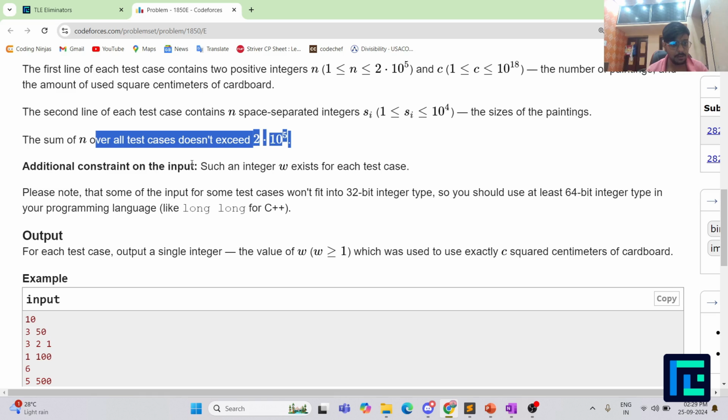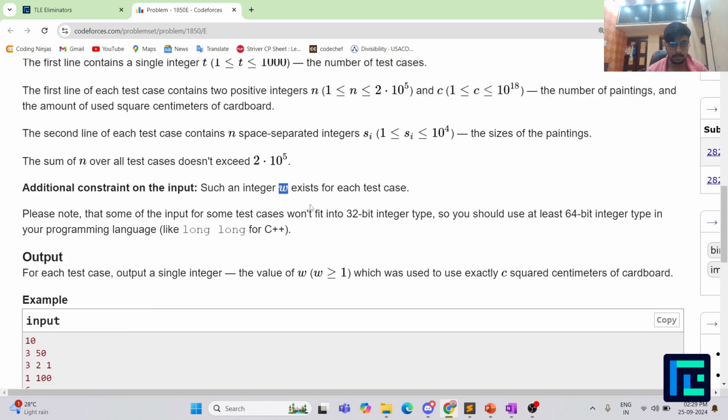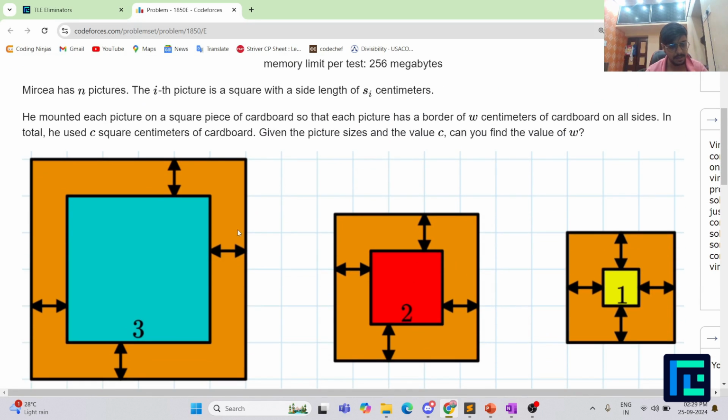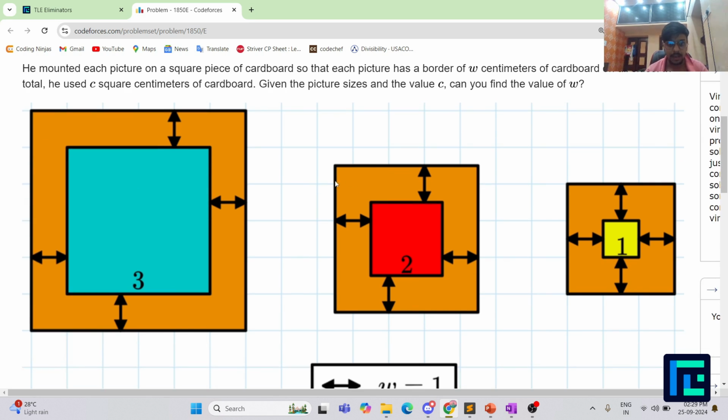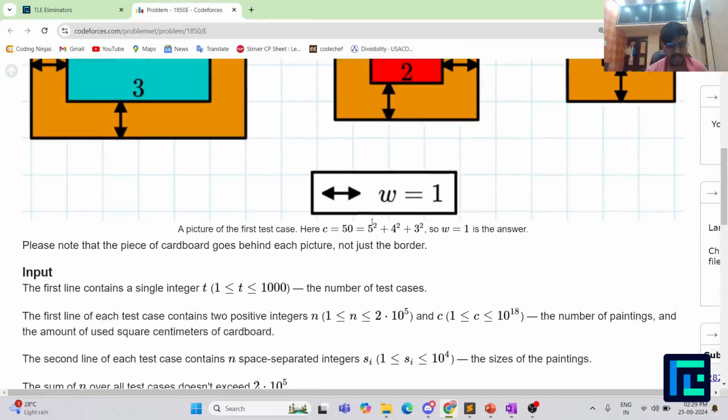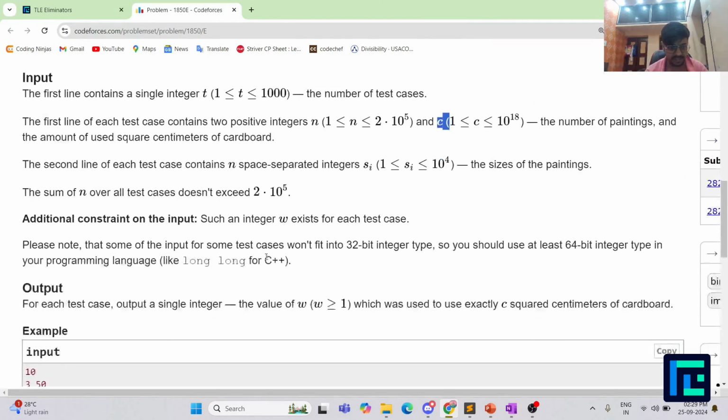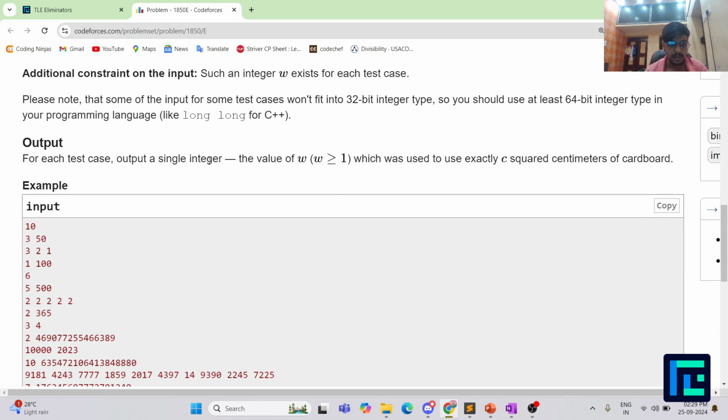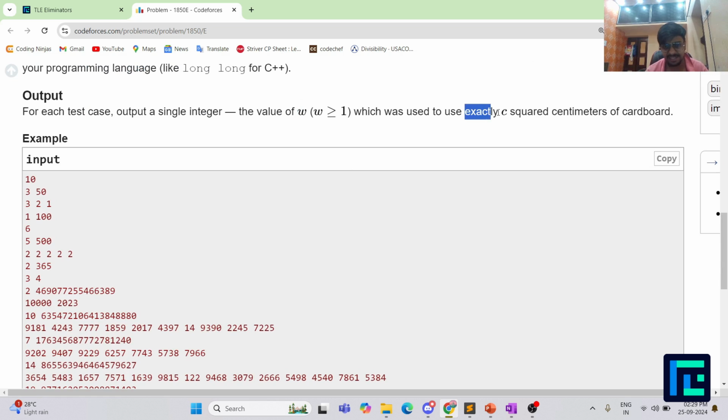An additional guarantee is given that a W will always exist, that is, there will exist some width of the border, such that keeping the border the same for all pictures, the area produced matches the area that is given. Okay, so you need to output W for each test case, for which exactly C square centimeters of cardboard is utilized.